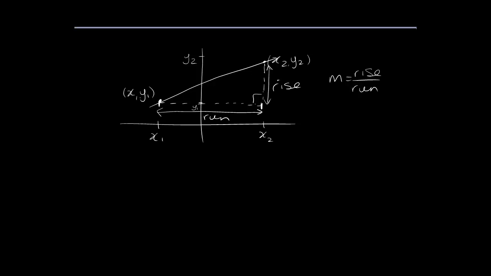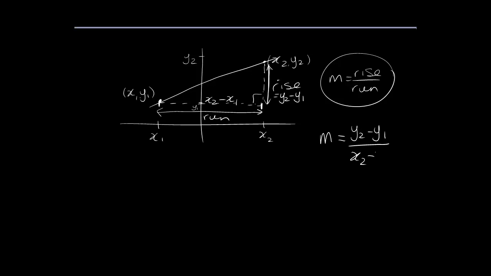So the run there is x2 minus x1, the distance between those two x coordinates. And this distance on the other side of the triangle, the rise, is the distance between your y coordinates, so that's y2 minus y1. Putting that into the general form for the gradient, instead of the rise we'd have y2 minus y1, and instead of the run we've got x2 minus x1.